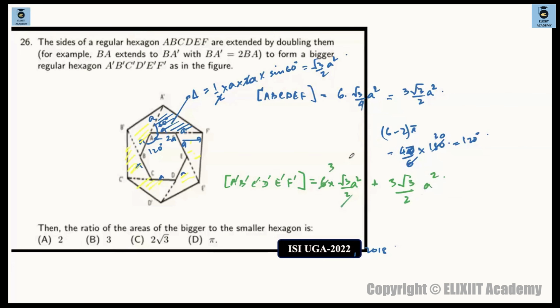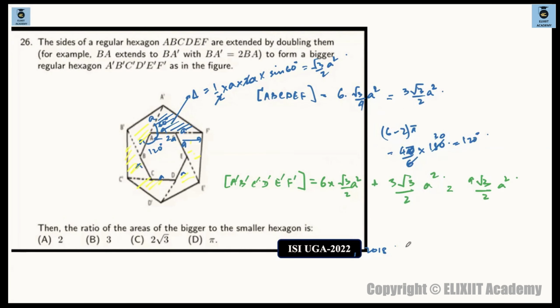So this becomes 3, okay. Don't cancel, don't cancel, since we are going to add, why cancel. 6 root 3 divided by 2, and here we have 3 root 3 divided by 2, so finally we have 9 root 3 divided by 2 A square. Next, we have to find the ratio of the areas of the bigger hexagon to the smaller hexagon.